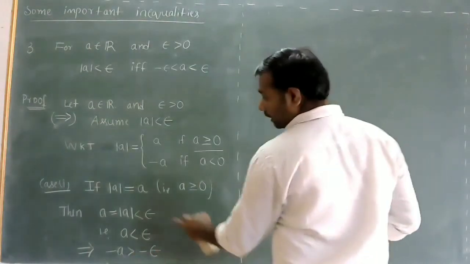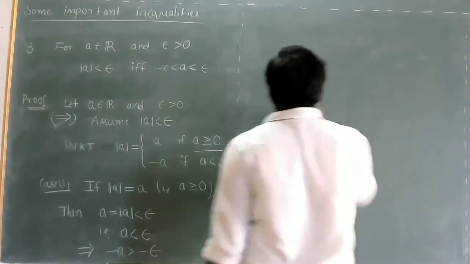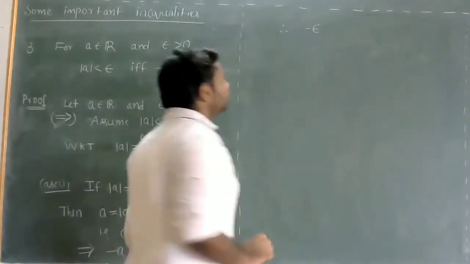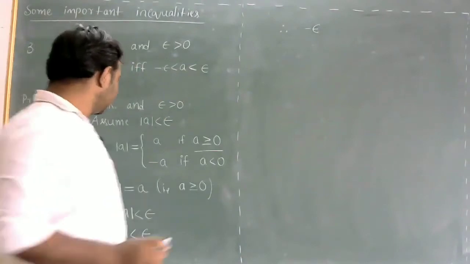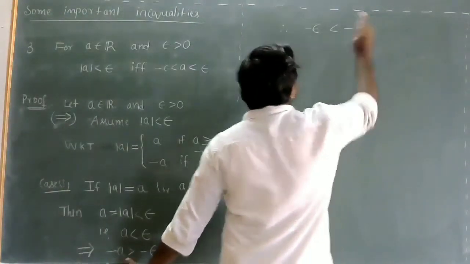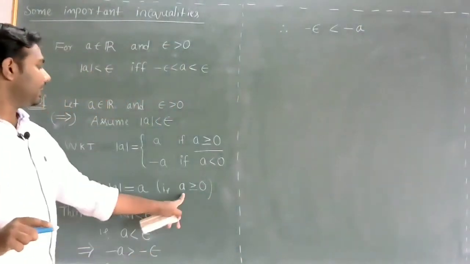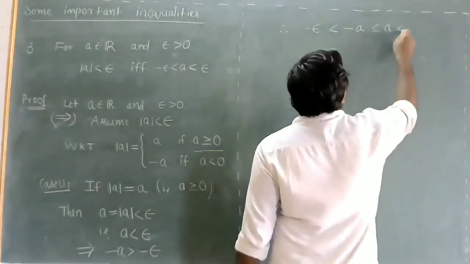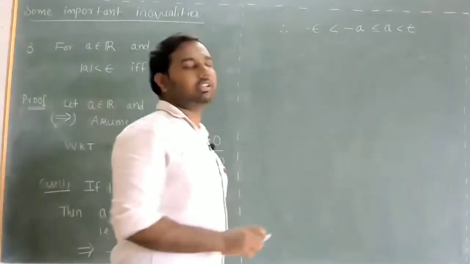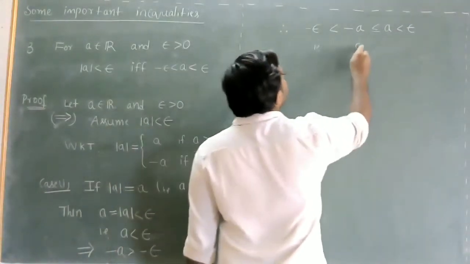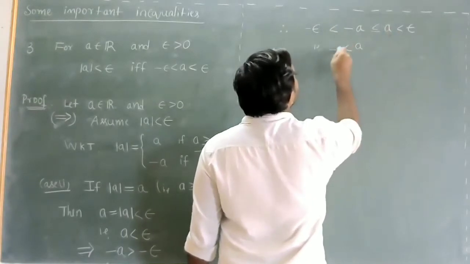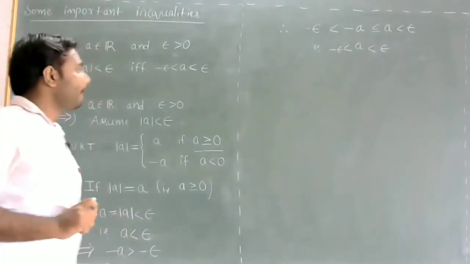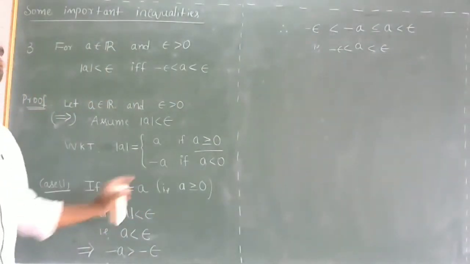Now combine both the inequalities. I'll start with minus epsilon. Therefore minus epsilon is less than minus a, and as a is non-negative, minus a will be less than or equal to a, which is less than epsilon. So a lies in between minus epsilon and plus epsilon. This is in the case modulus of a is equal to a.